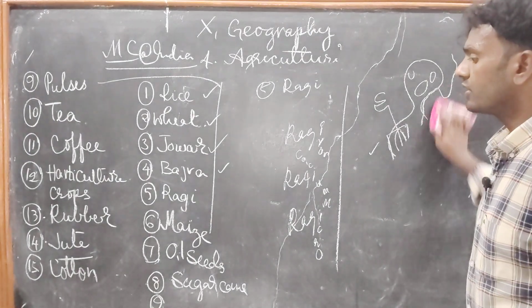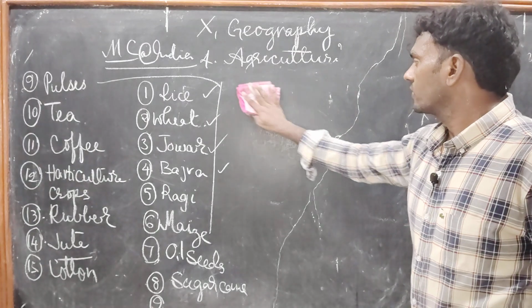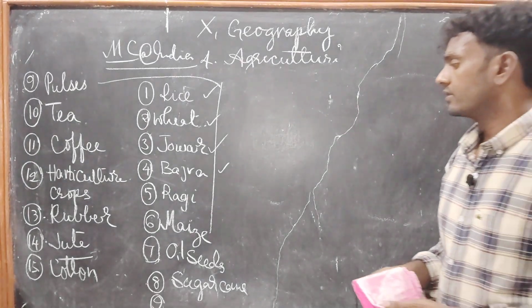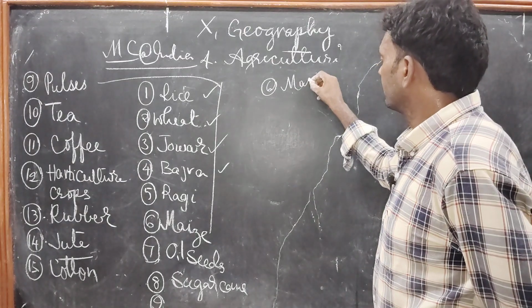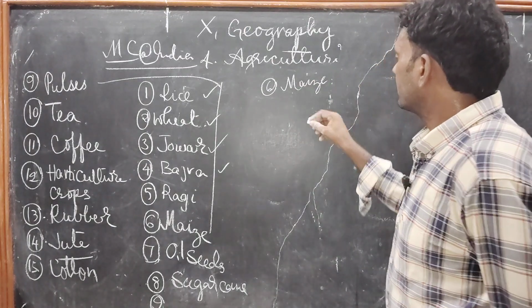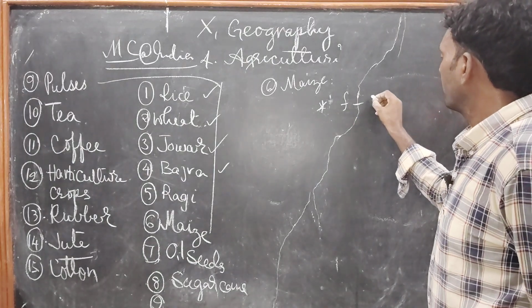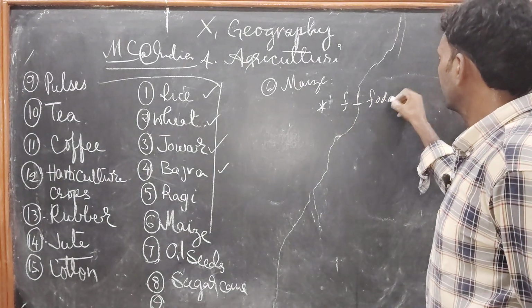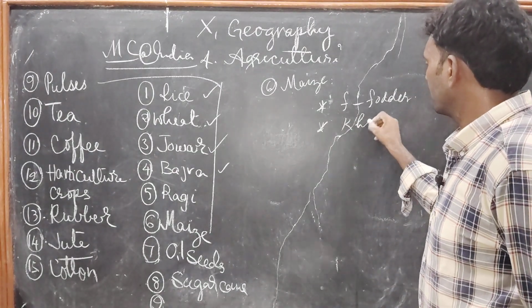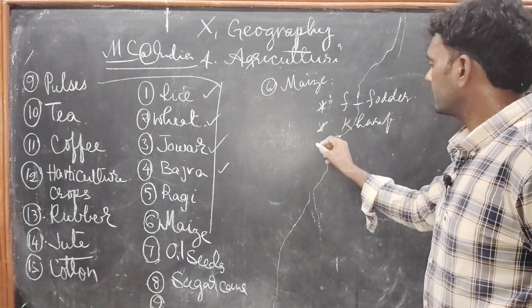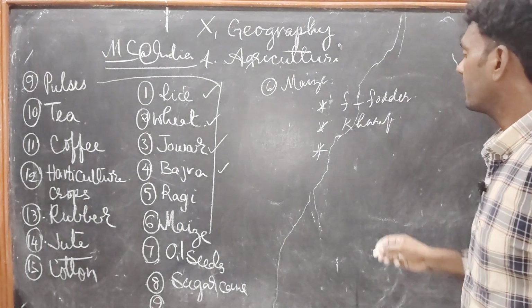Okay, now we are going to discuss about maize. What is the importance of maize? Sixth one, maize. It is a food crop cum fodder crop. It is also a kharif crop, and it is cultivated in North India.